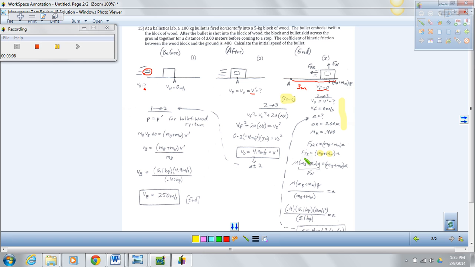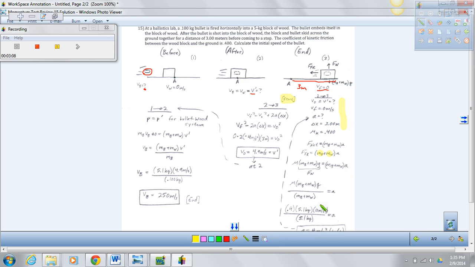I also knew that my force of friction was mu times the normal force, and in this problem, normal force and weight are exactly balanced because this object is not accelerating up or down. So I skipped some steps. I said that the force of friction was mu times normal force, where the normal force is the mass of the block plus the mass of the wood times g, and that equals mass of block plus mass of wood, times a.